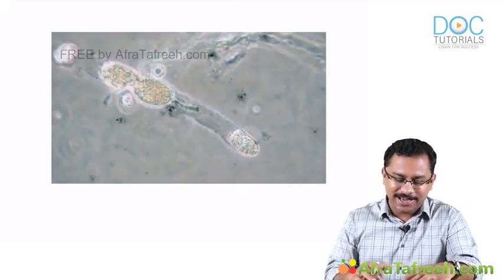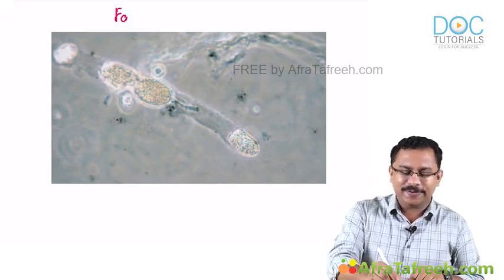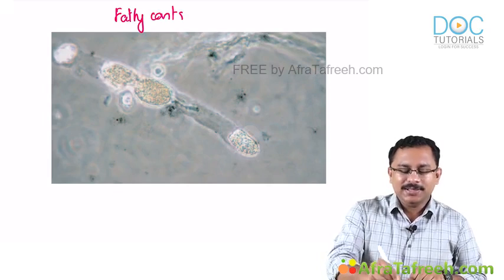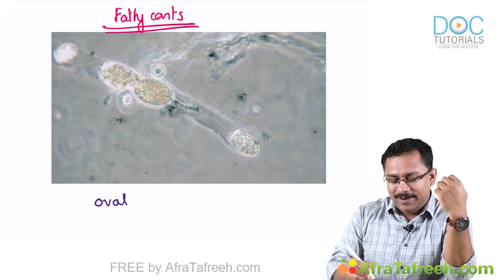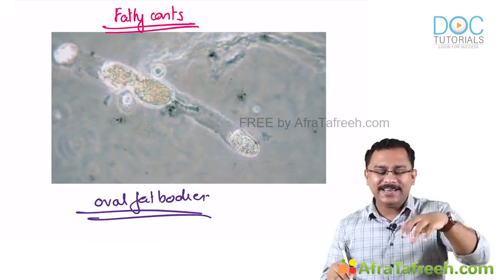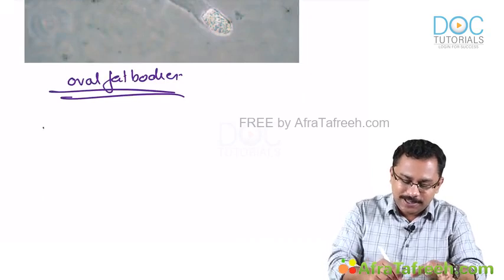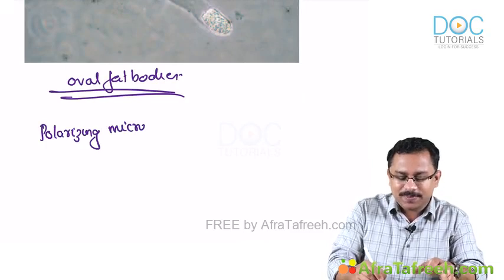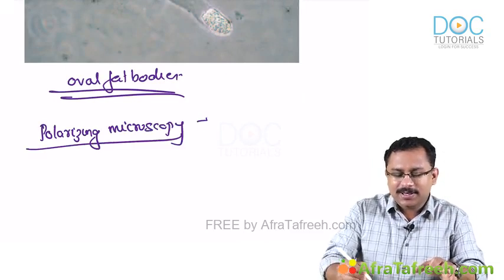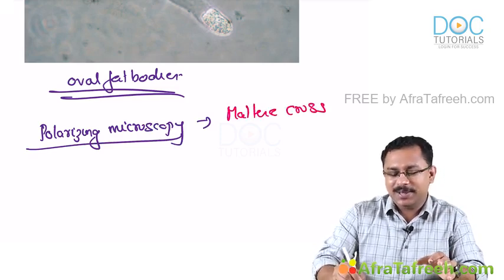Sometimes, because of the hyperlipidemia, this is the urinary sediment of a patient who is having a fatty cast. So in patients with nephrotic syndrome you might have oval fat bodies in urine, and when these fatty casts are examined under polarizing microscopy, they show a particular appearance known as the Maltese cross appearance.